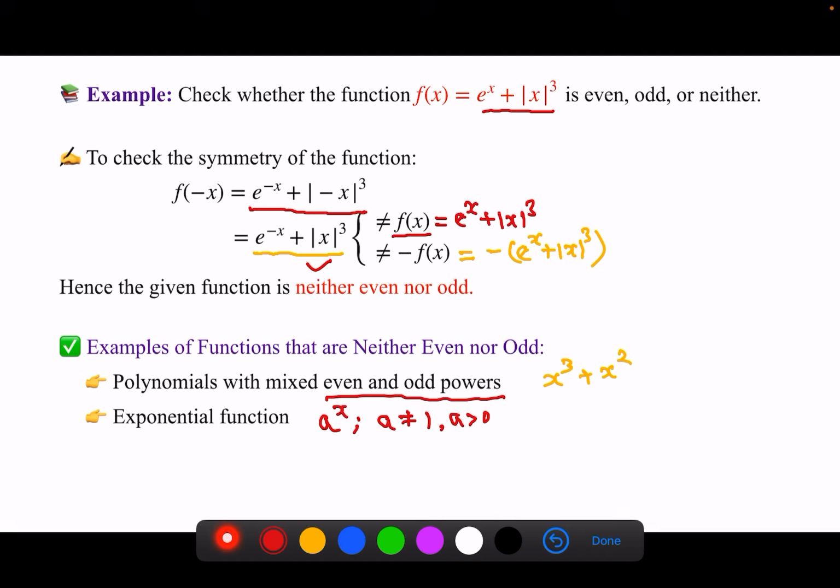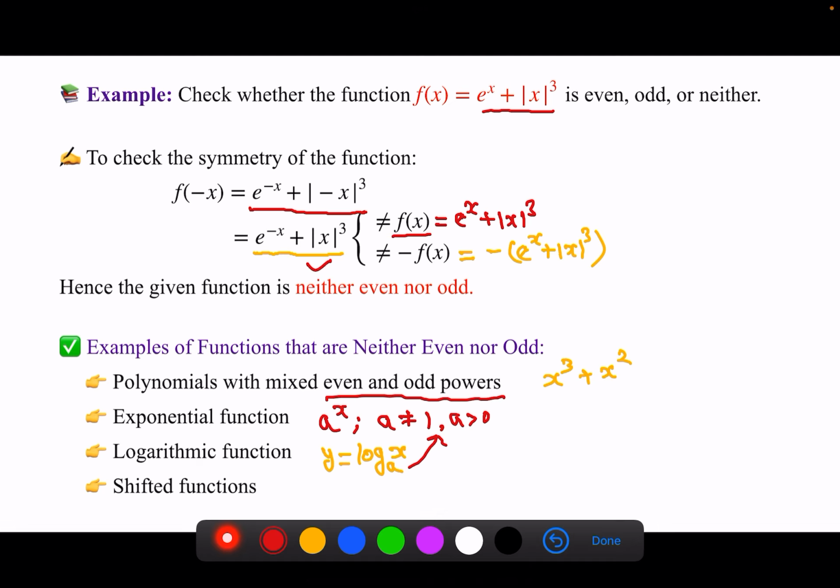The exponential function a raised to the power x is neither even nor odd. Now logarithmic functions are also neither even nor odd. Logarithmic functions are the inverse of exponential functions, and we define the logarithmic function as y equal to log of x with base a, and a has the same properties that we have defined for the exponential function.